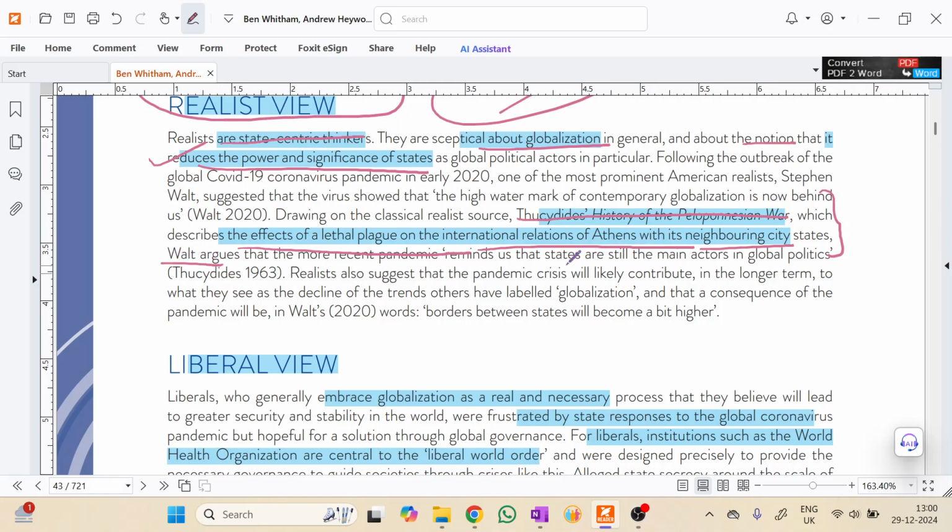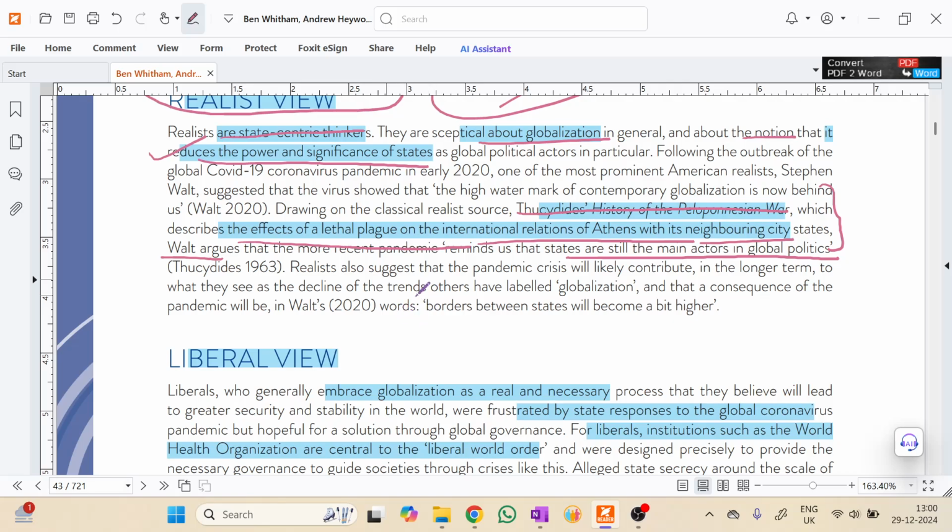In the same way, Stephen Walt believes that states are still the main actors in global politics, and global events such as a pandemic will likely contribute in the long term to the decline of trends of globalization.